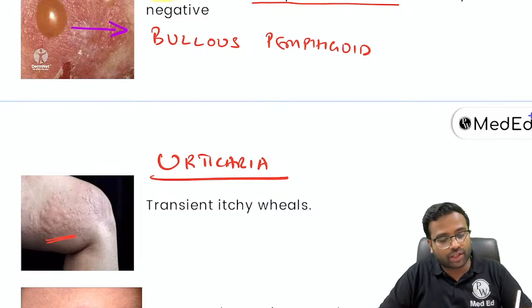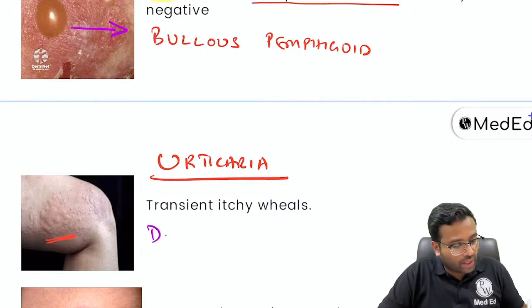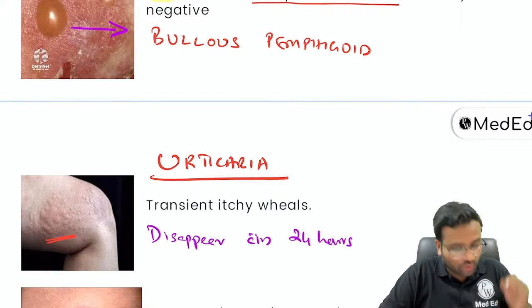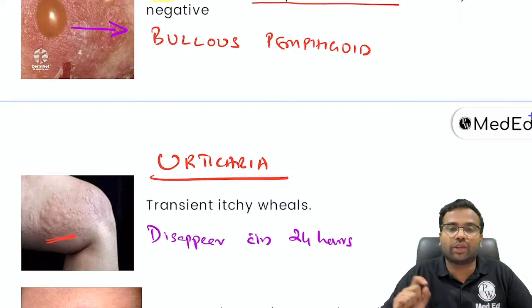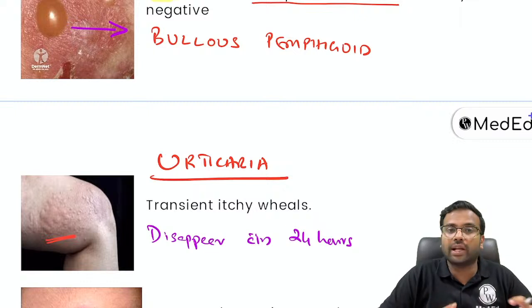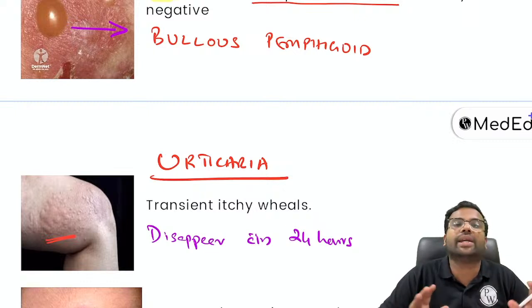And by definition, what happens? They usually disappear within 24 hours as well. So these are urticaria, which usually disappears within 24 hours. But when the patient develops urticaria, the patient will feel intense itching and it can be seen anywhere in the body.